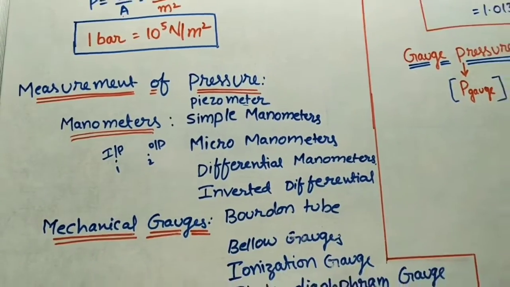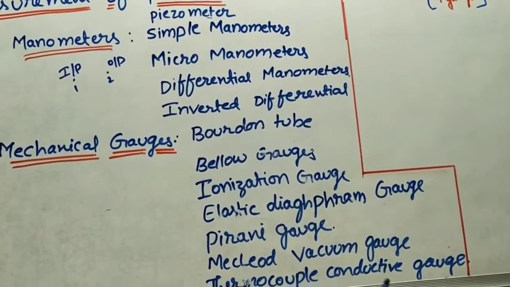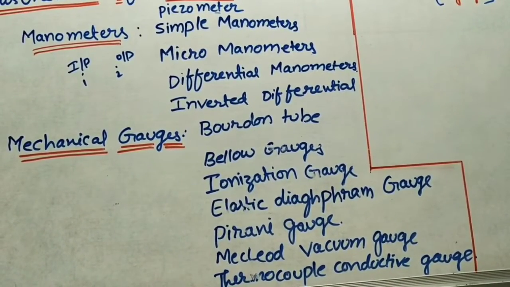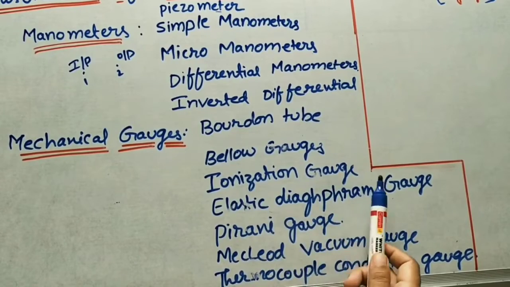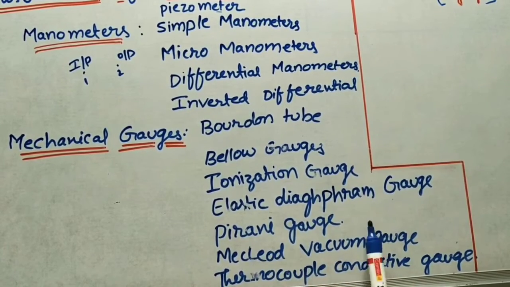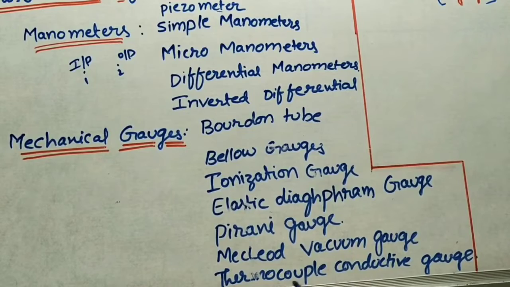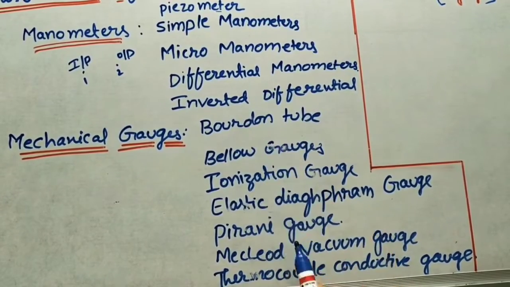And in vehicles we are using mechanical gauges. In 2-wheelers, 4-wheelers, automobile vehicles, and in industries we are using Bourdon tube pressure gauge, bellows gauges, ionization gauges, elastic diaphragm gauges, Pirani gauges, McLeod vacuum gauge, like that. Please check the description box for the working process of these gauges. But in thermodynamics we are not studying all these gauges.